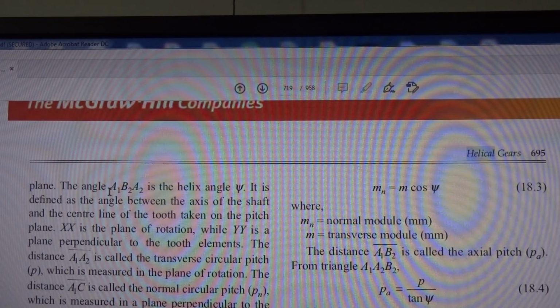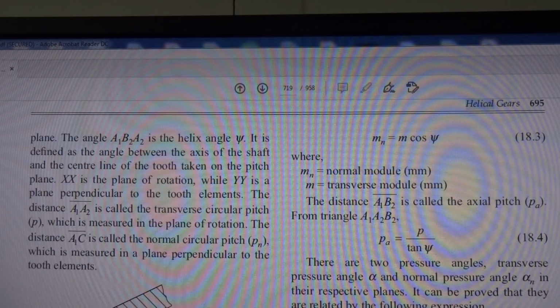The angle A1, B2, A2 is the helix angle, and this is denoted by psi.